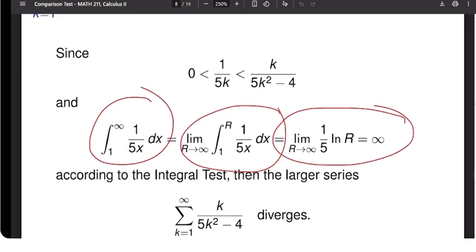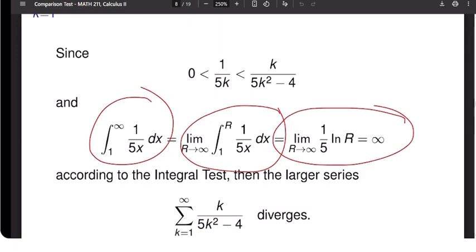According to the integral test, when you have an indeterminate value like that, you're actually going to say it diverges. So right now, what we have investigated diverges.